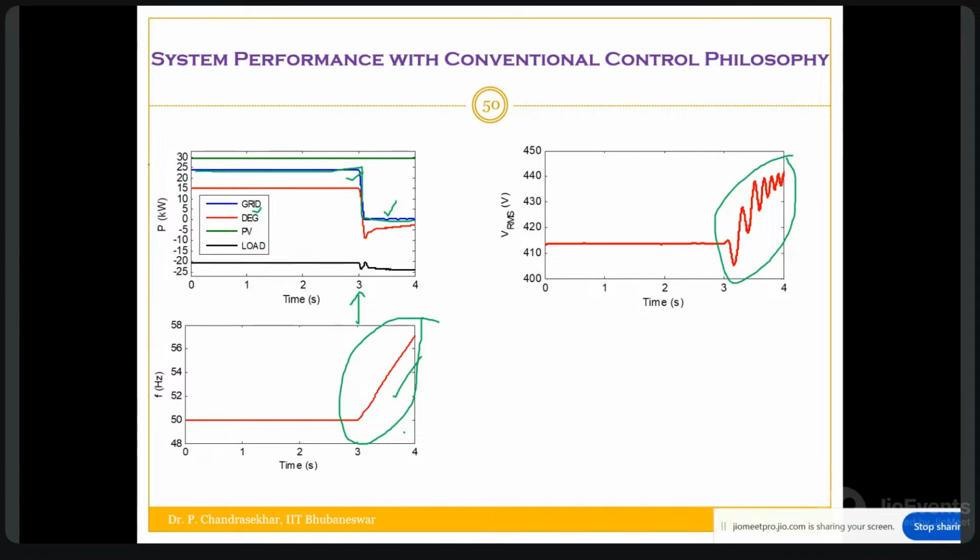Because of the excess generation, the frequency shoots up, that opens the breaker, and the system becomes unstable. This is what happens with microgrids operating in grid connected mode that have excess power before the isolation.